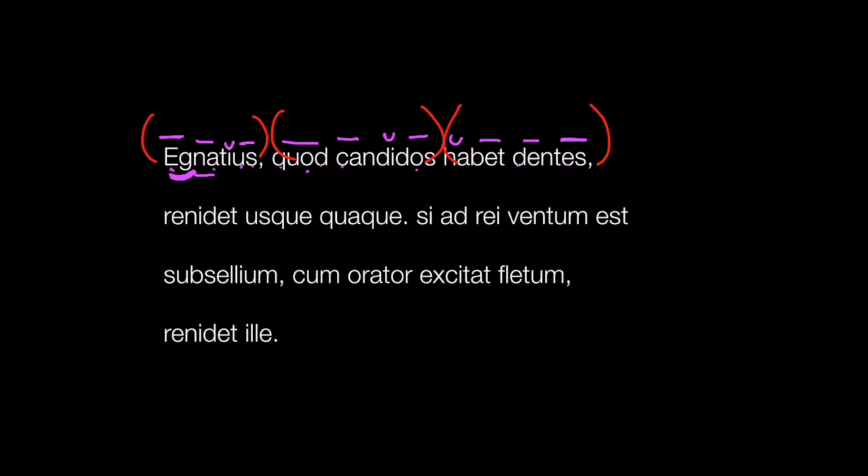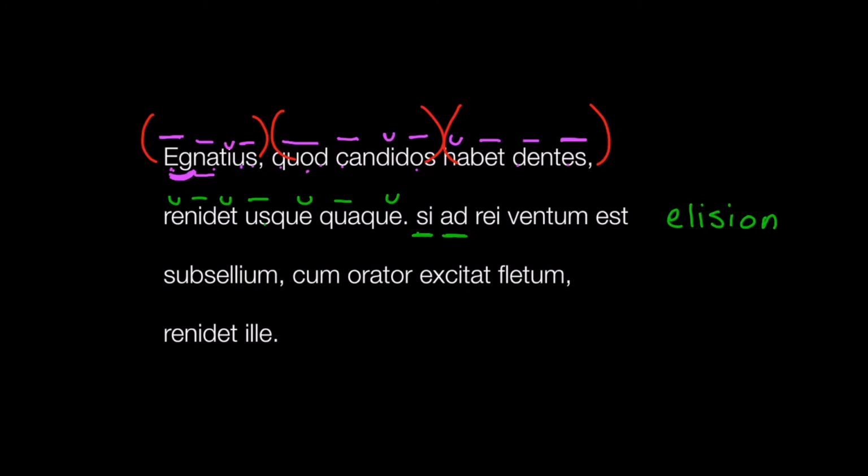Let's try another line. Okay. Reni, long by nature. Det us, S and Q. Short, long, short. And now we have a word that ends in a vowel preceding a word that begins in a vowel. So we're going to have elision here.